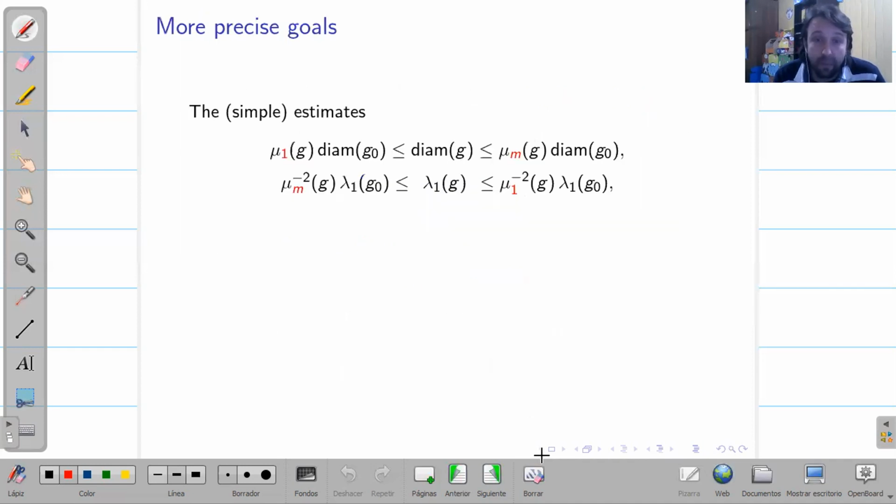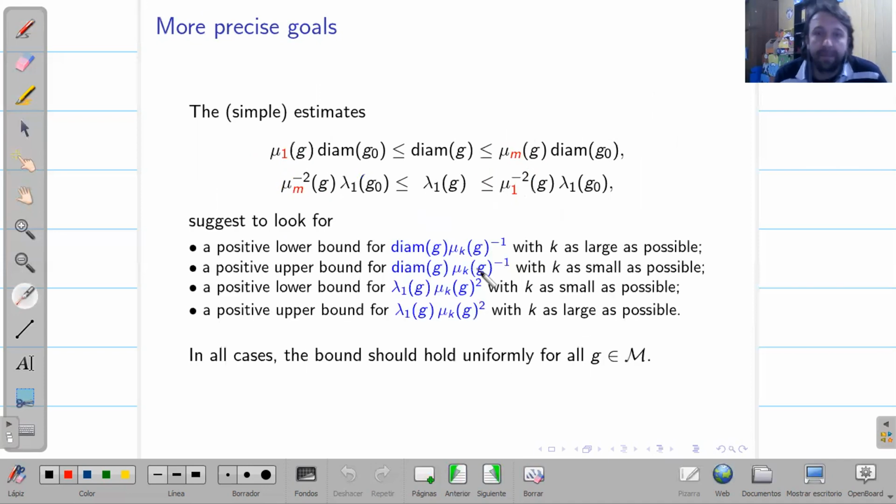And well, I just copy and paste this here, and I wish you to focus on this index m, okay? Now we are in a position to give a precise goal of what we want, and it's the following.